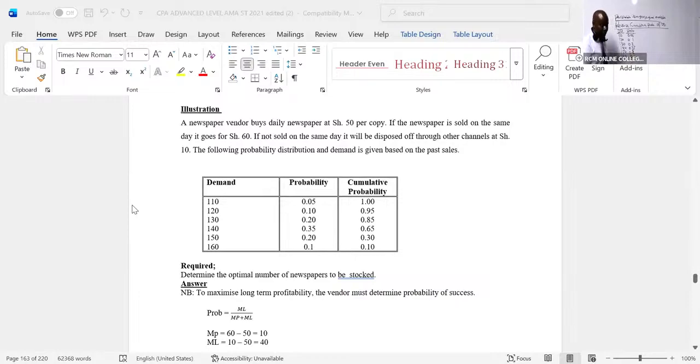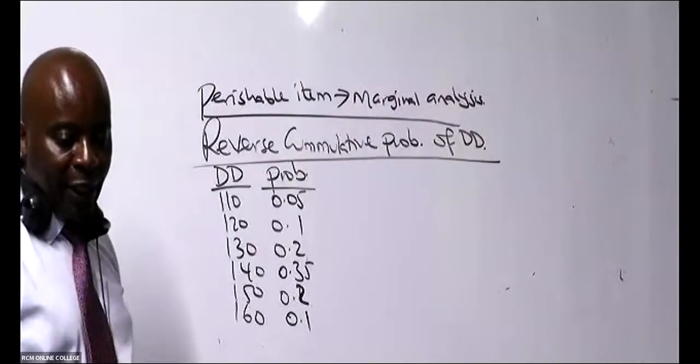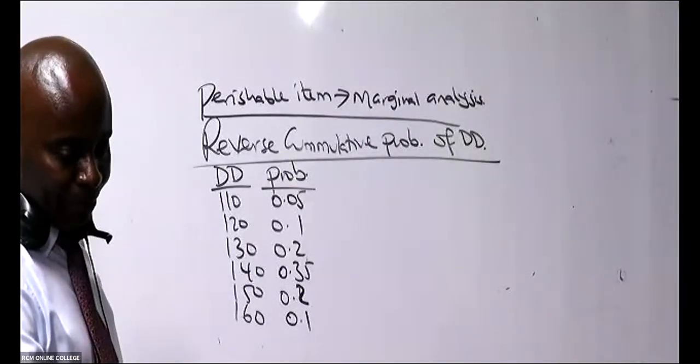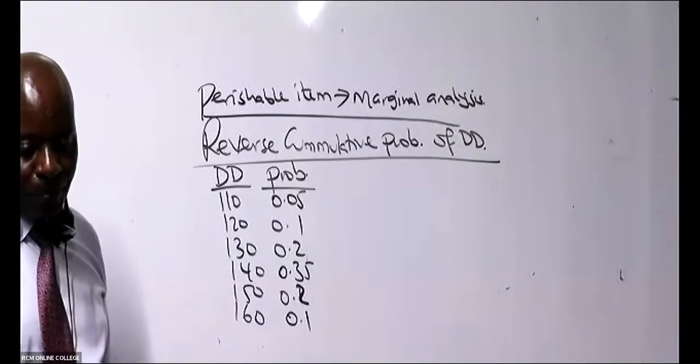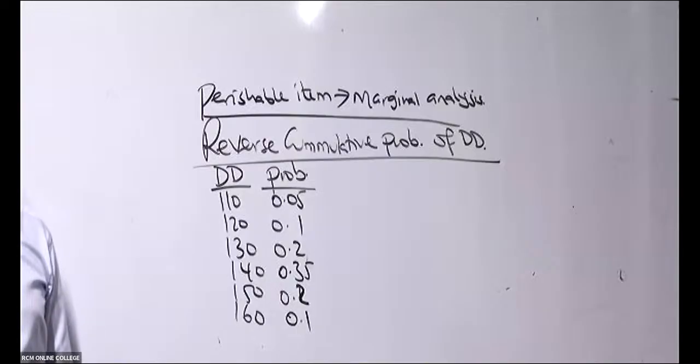So could you kindly write that table up to there? It's on the screen. You can even screenshot, or somebody can screenshot and send those students that question on WhatsApp.